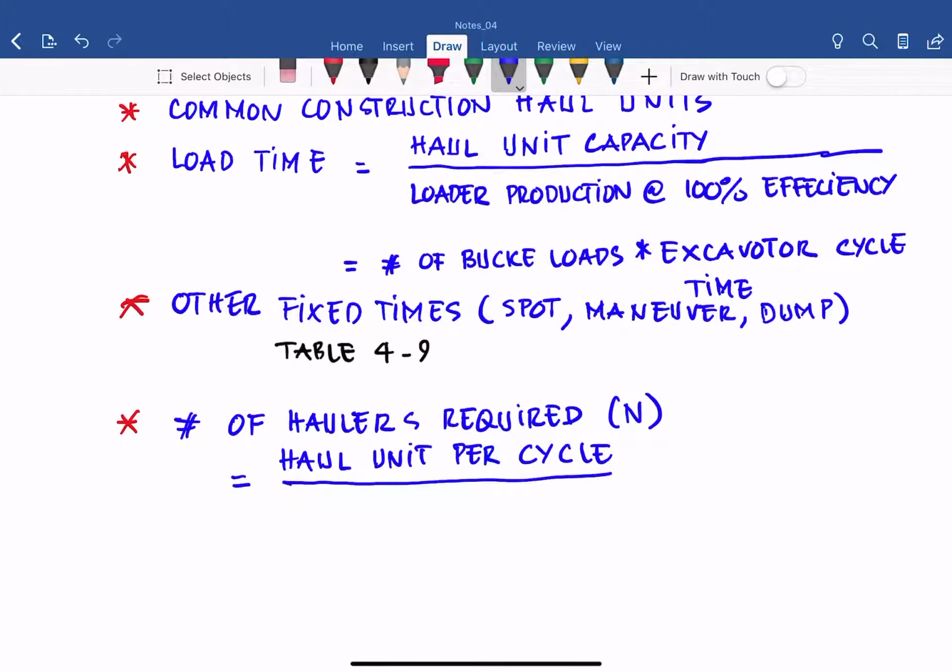Load time we determined previously in the equation above. So that is the number of haulers required, number of trucks required basically.